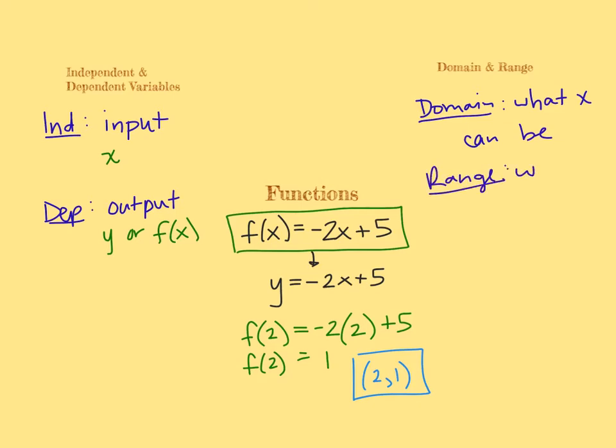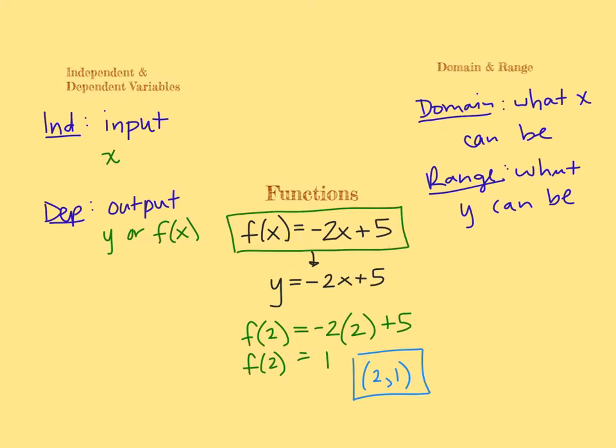Our range is what y can be. A lot of times we have zero restrictions on our domain, meaning, like, for example, this function here, this line, there's no restrictions on what can be plugged in for x. We can plug in any real number that we want. And there's also no restrictions for y. Our range has no restrictions.